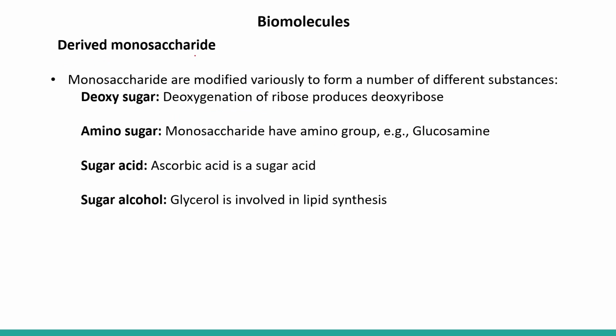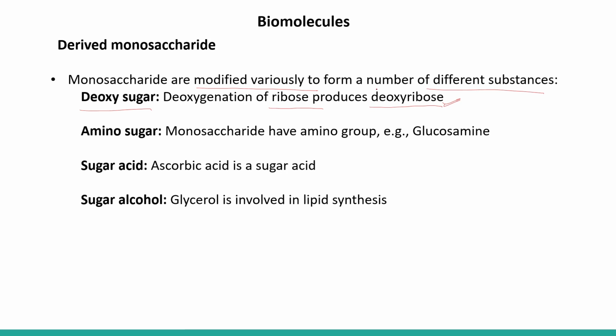Derived monosaccharides. So these are the monosaccharides which are available naturally, but there are some derived monosaccharides. They get modified variously to form a number of different substances. Deoxy sugar. Deoxygenation of ribose produces deoxyribose.